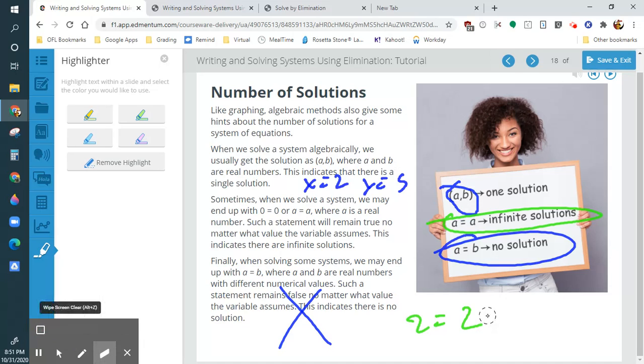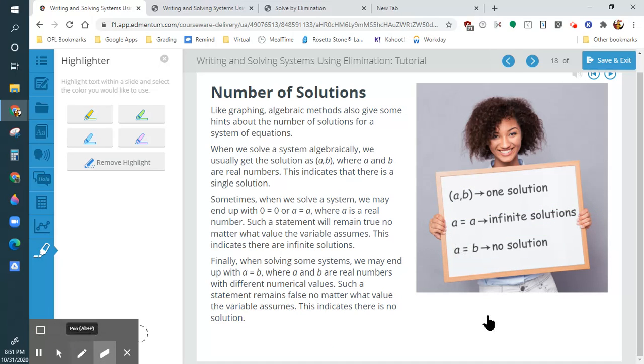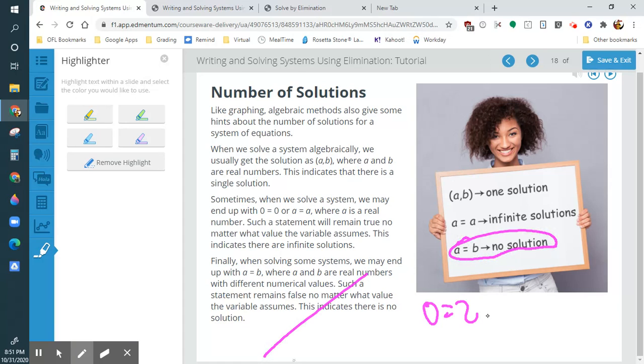And then the last situation, if you get something like 0 equals 2, there's no solution. That means these two lines are parallel. The x's and the y will connect, but what's happening is they have different x-intercepts. So that's why these two will never touch each other, because they're parallel.